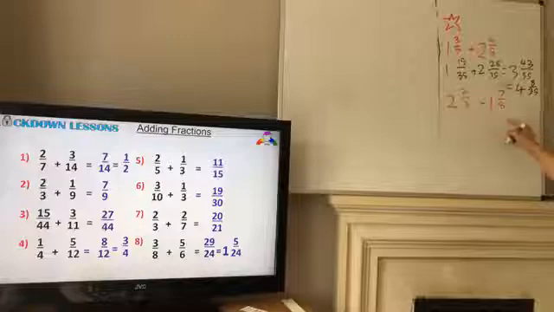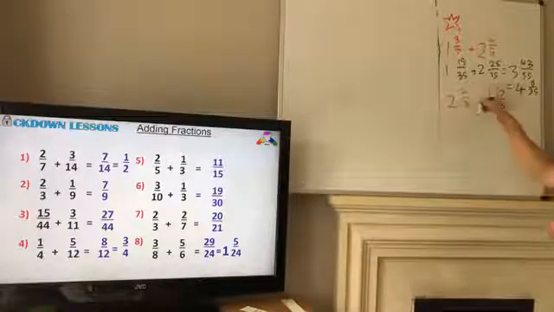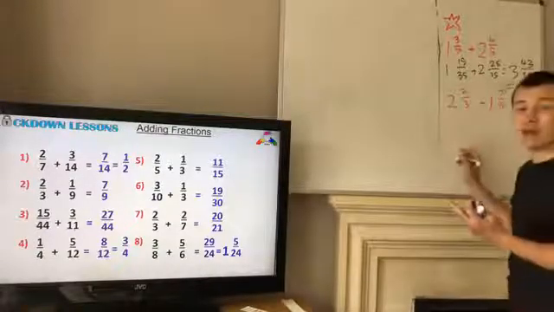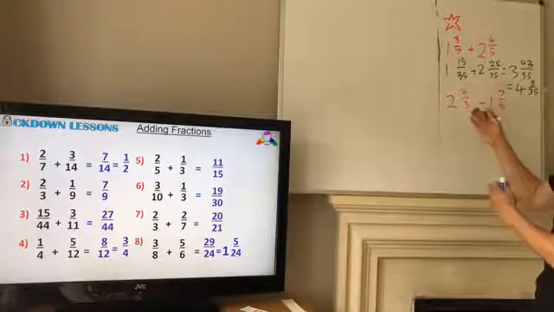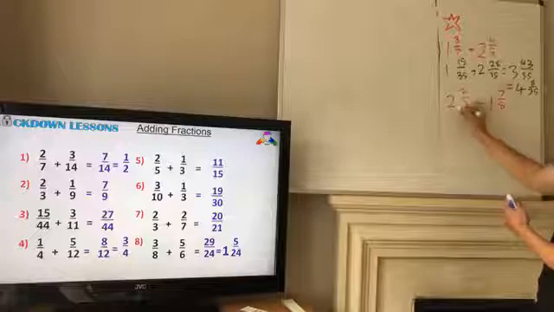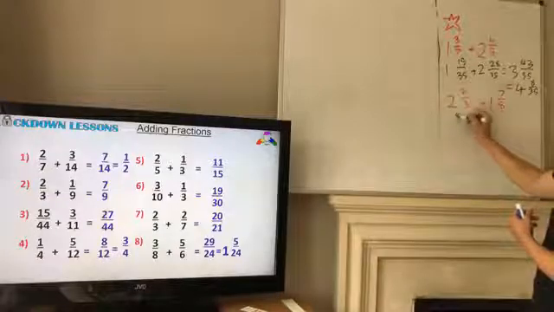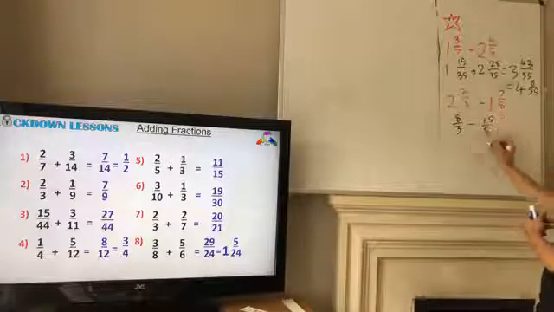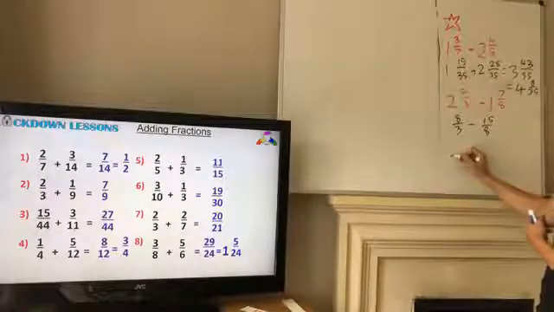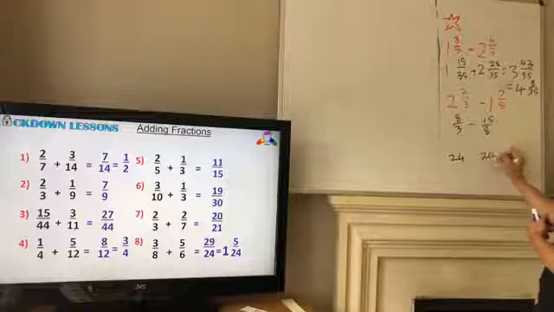This one here, when you're taking away, I will put them to top-heavy fractions first. And don't worry if you haven't done this yet, I'm just going to show people that have managed this, or are at this level in their maths, what you do. So, you will change this to 8/3 in total, take away 15/8, then you put the bottoms the same, so I go 24 and 24.